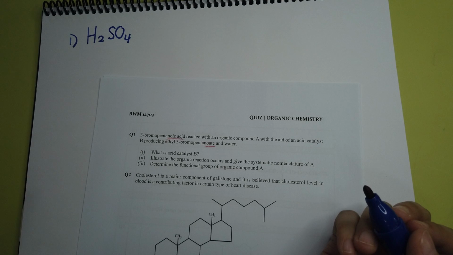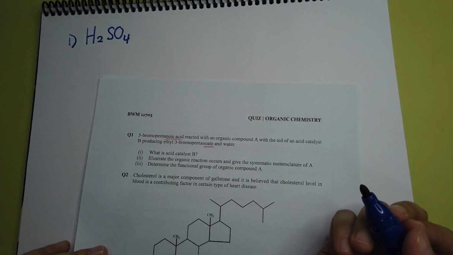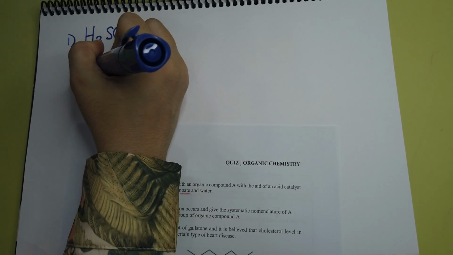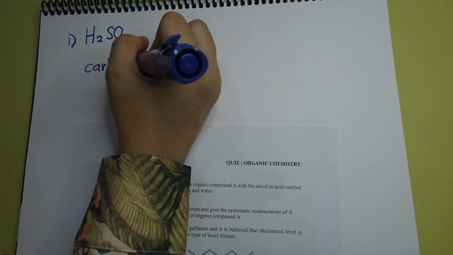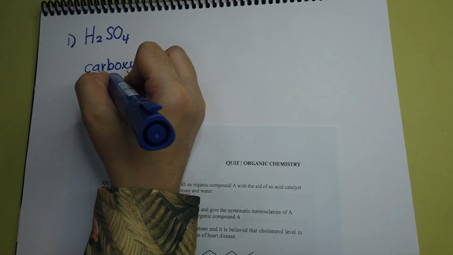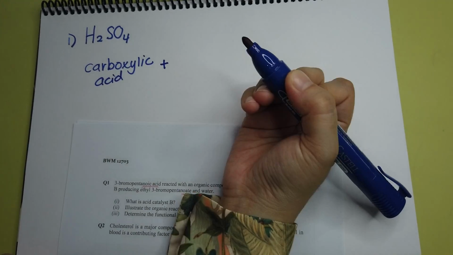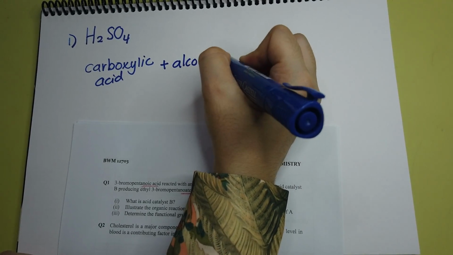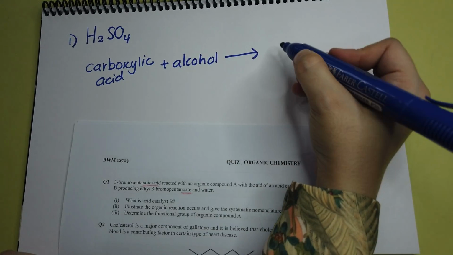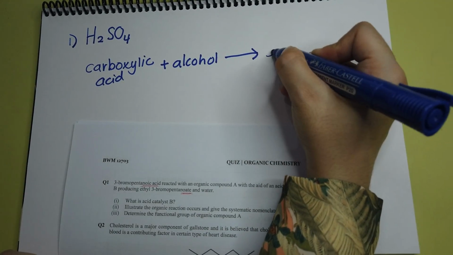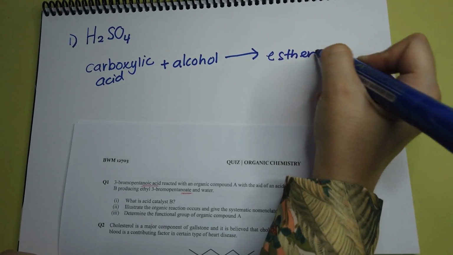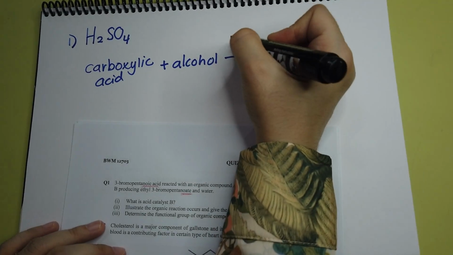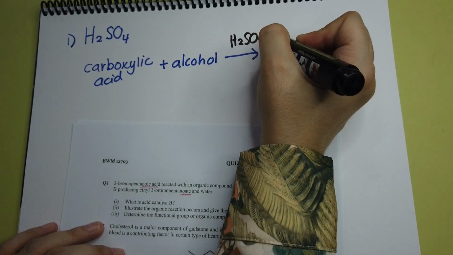Because, as I explained just now, this is an esterification process. In esterification, you should have a carboxylic acid and then react it with alcohol, and then it will produce ester. But you do need to add some catalyst, which is your H2SO4.